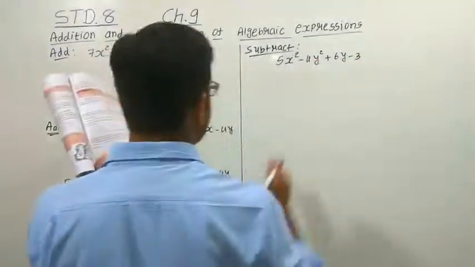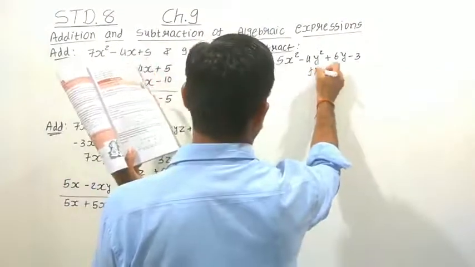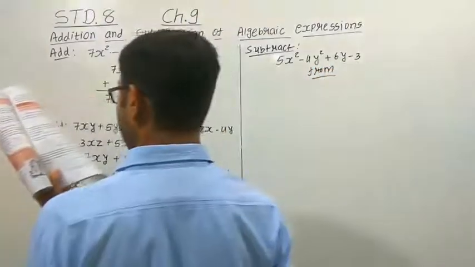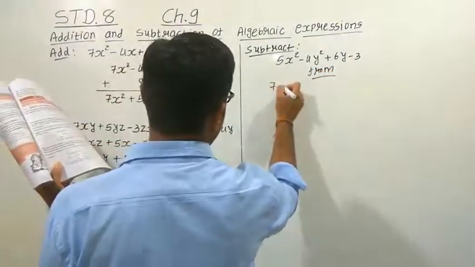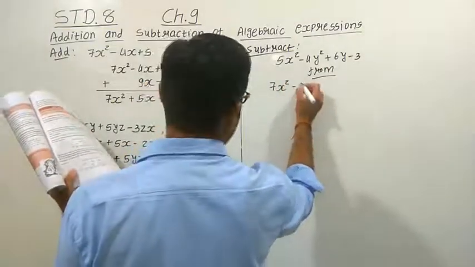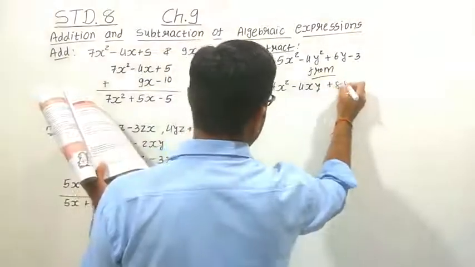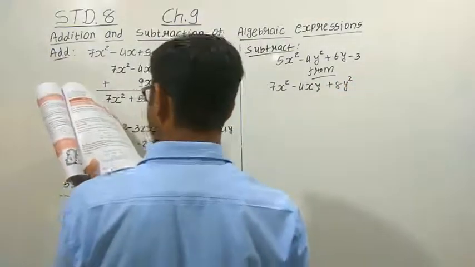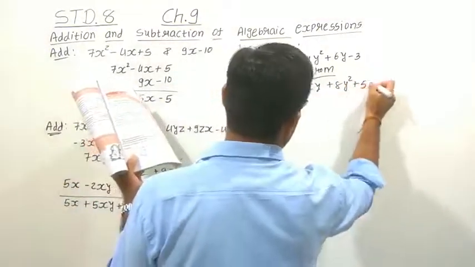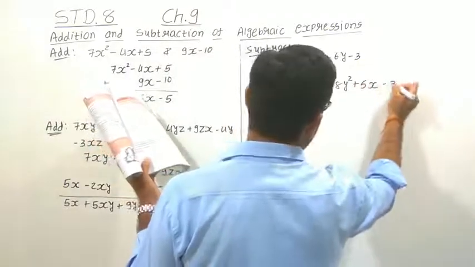We have to subtract this from which expression? 7x square minus 4xy plus 8y square plus 5x minus 3y.